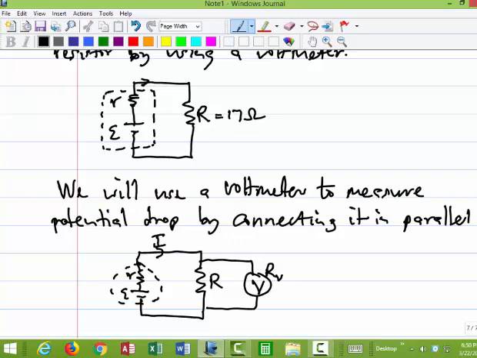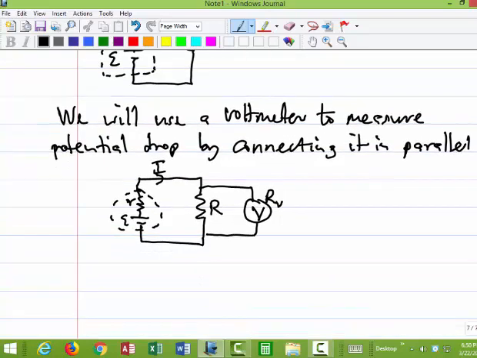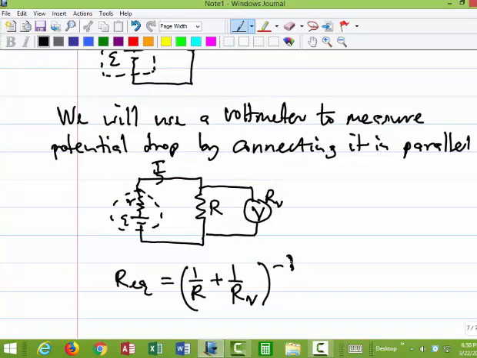Okay. So we can find the equivalent resistance of this circuit. Since we have two resistors connected in parallel, the resistance R and the voltmeter resistance R volt. For the voltmeter to measure this potential drop without making any changes, it has to basically block the current, because now you see there's a junction right here.